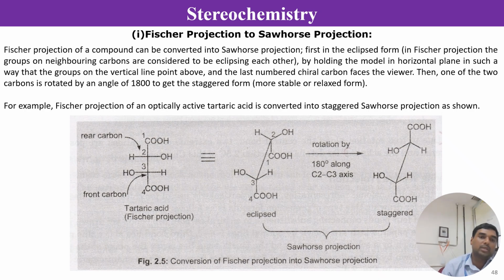OH, H, CO2H, CO2H down, hydrogen, OH, CO2H. This is the eclipsed conformation. Now you need to rotate by 180 degrees so that the carboxylic acid goes up, the other goes down, and hydrogen is on the left side. So you can have this staggered conformation.